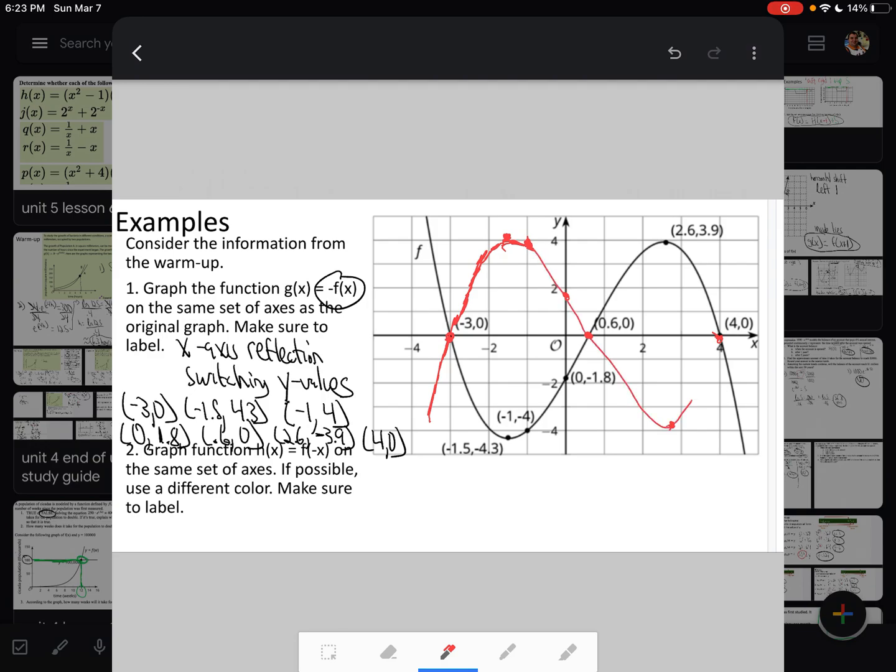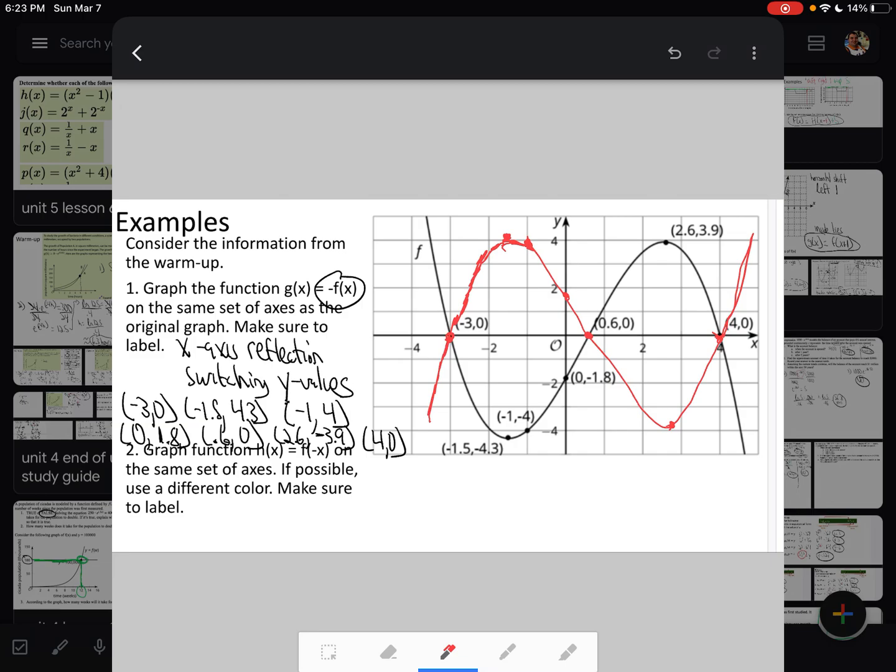Pardon my poor artistic abilities, but we can see that this is definitely a reflection over the x-axis. And that's all they wanted us to do. So the red graph is the answer to number 1.